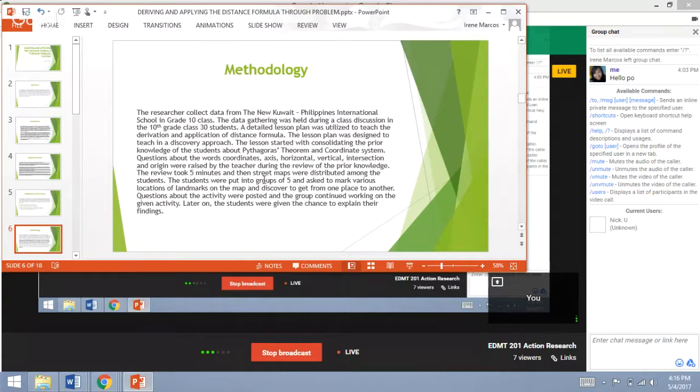After the review, the students were put into groups of 5 and asked to mark various landmarks on the map and discover how to get from one place to another.